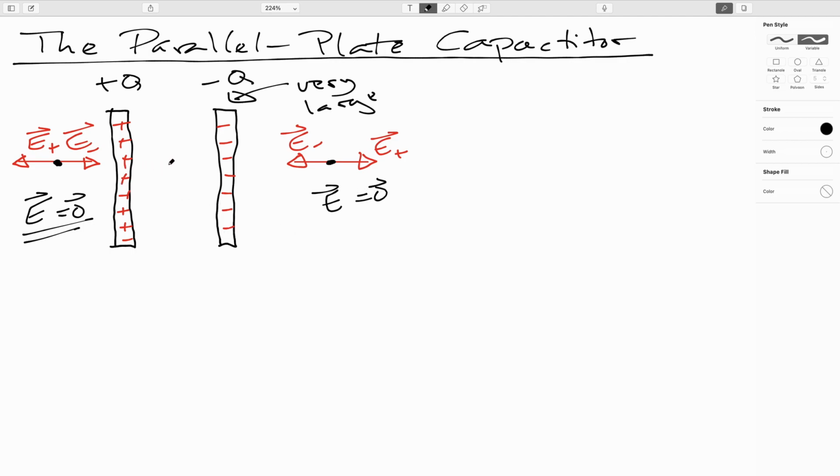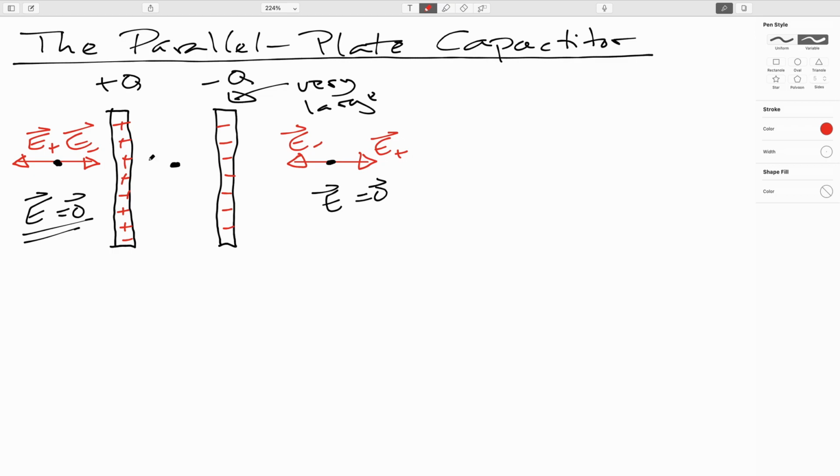So that just leaves some point in the middle. And it turns out it doesn't matter where we are because remember, the strength doesn't change with distance in the limit of these being infinite plates. So we just have to look at how the contributions are directed.